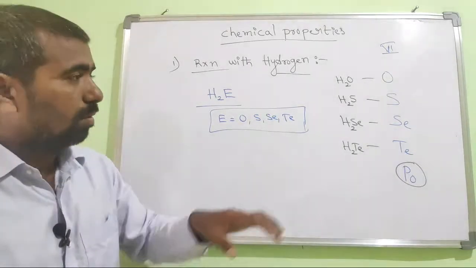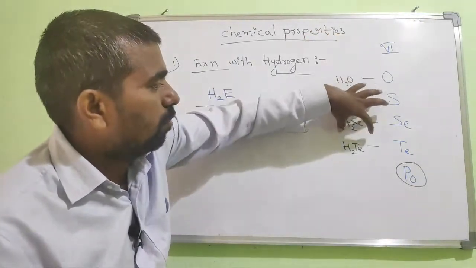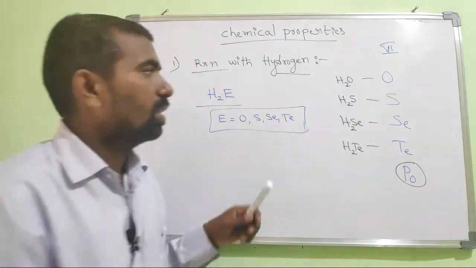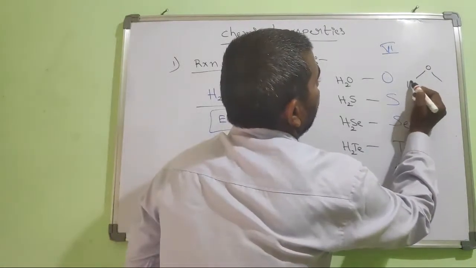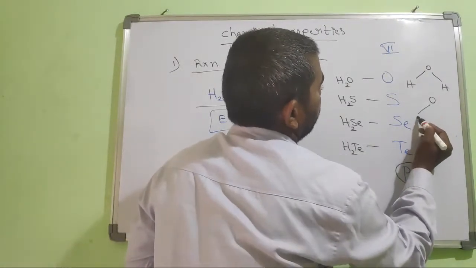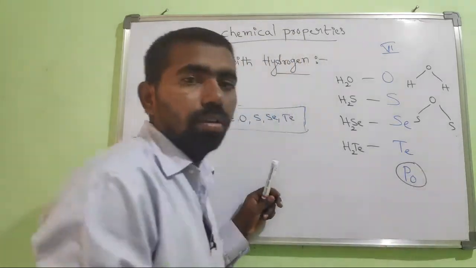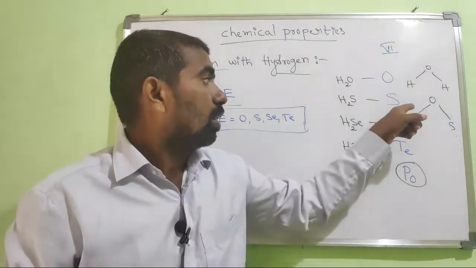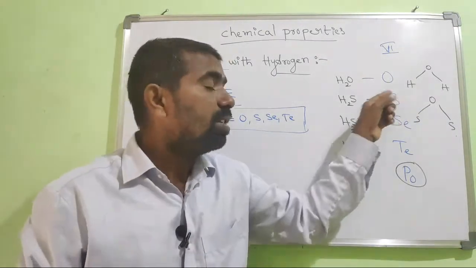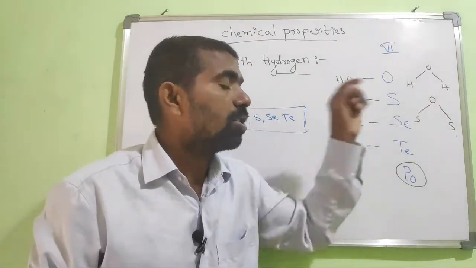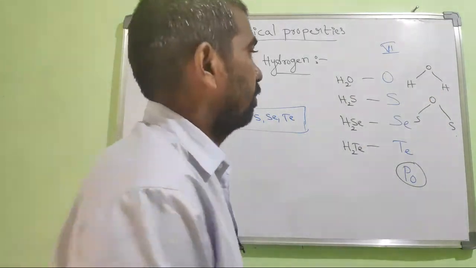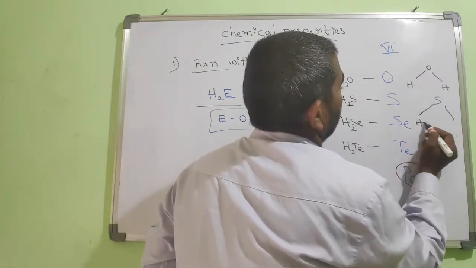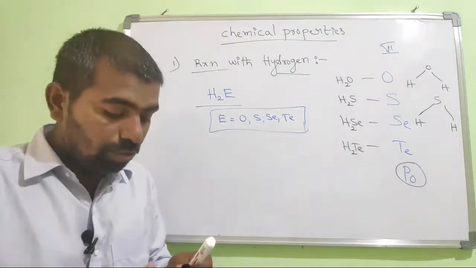And so from top to bottom, atomic sizes increase. Each and every molecule has an angular shape. Due to the increase in atomic sizes, the atomic orbitals of these elements which participate in the bond formation also increase.